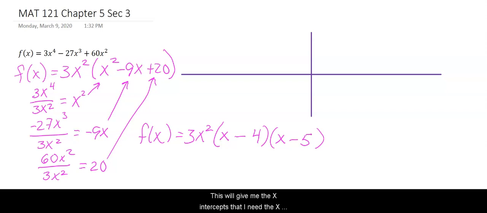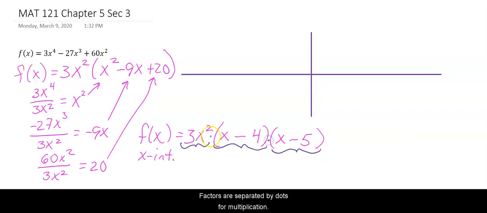This will give me the x-intercepts that I need. The x-intercepts come from each factor, as we saw in the last video on 5.2, coming from each part. So again, here's my first factor, here's my second factor, and here's my third factor. Factors are separated by dots for multiplication.